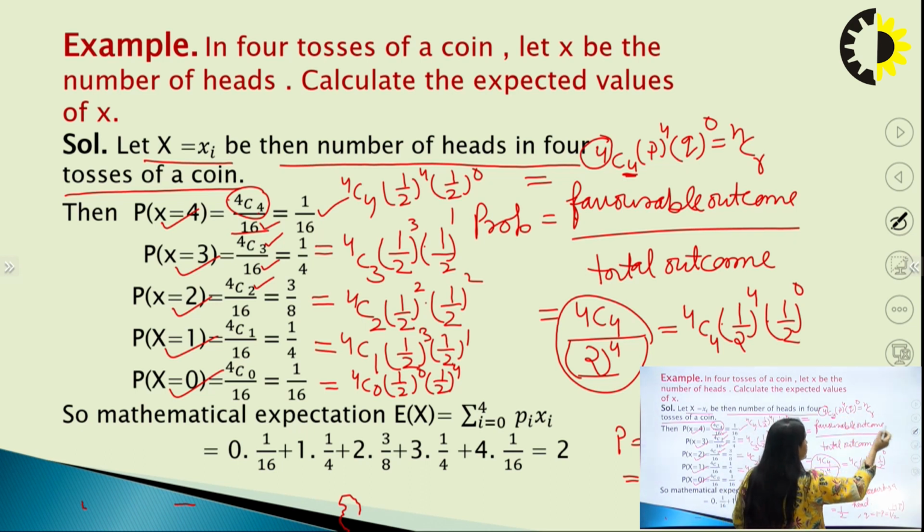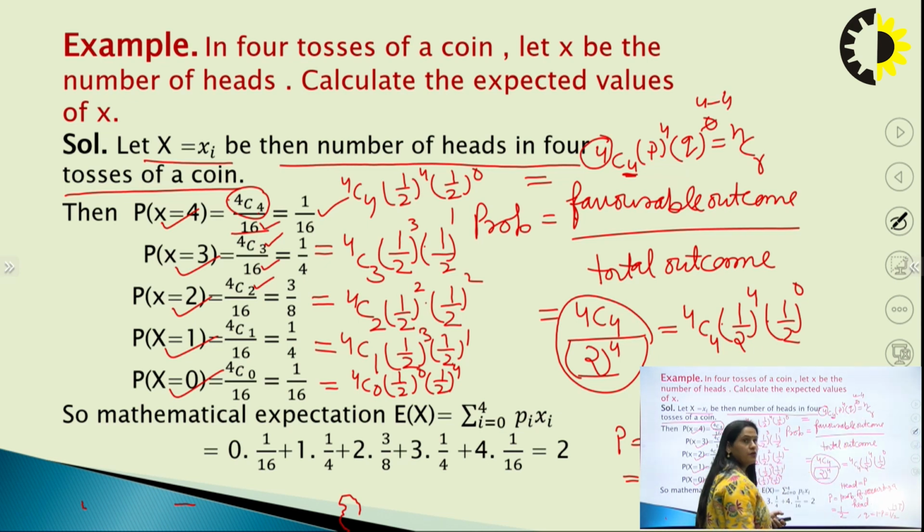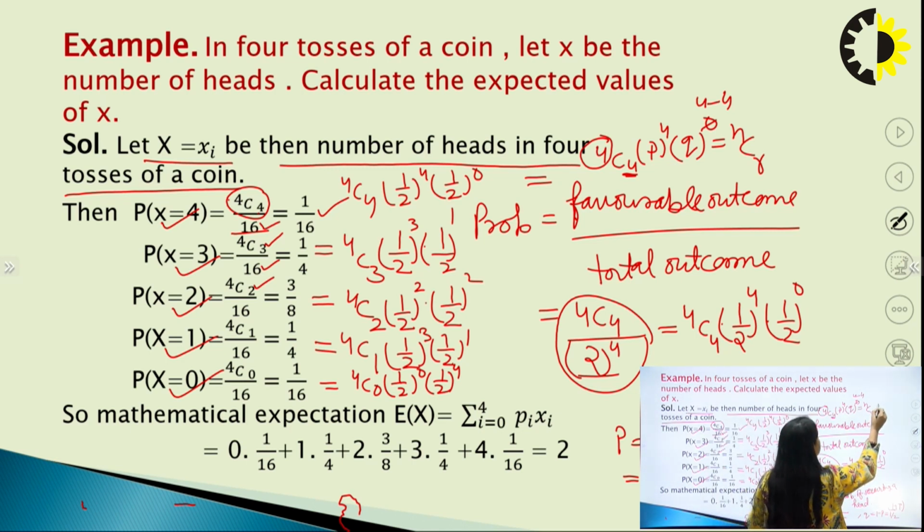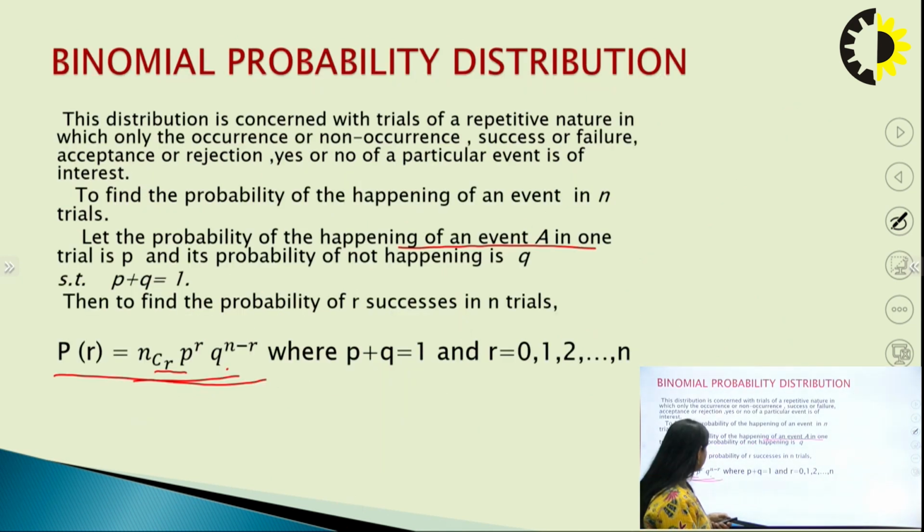now this also we can write as 4 minus 4. So this will be 4C4 P to the power 4 into Q to the power 4 minus 4. So in short we can get NCR P to the power R into Q to the power N minus R. And you can see that's what I have written here.